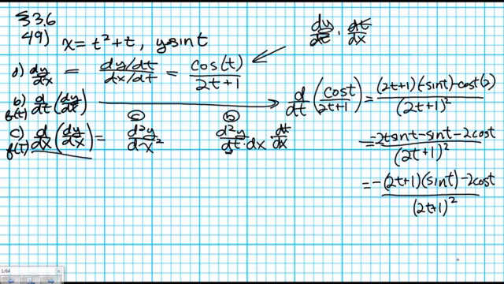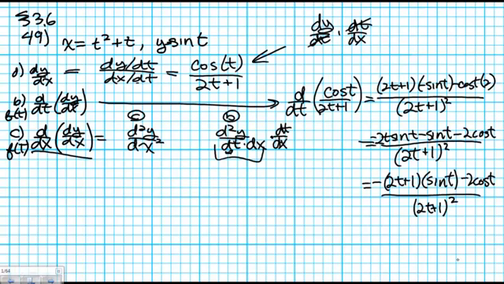If we start with the answer from B, what is dt/dx? It's the reciprocal of dx/dt. So if we start with what we have, which is negative (2t plus 1) sine t minus 2 cosine t.